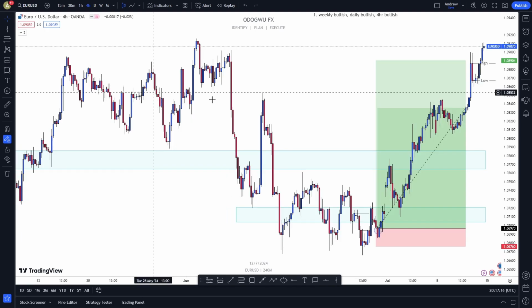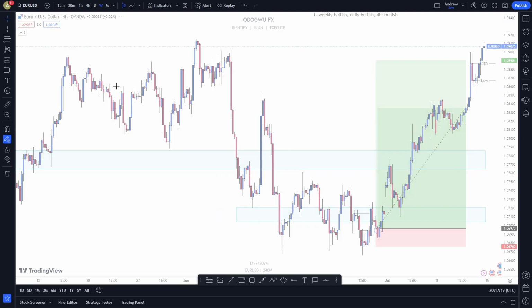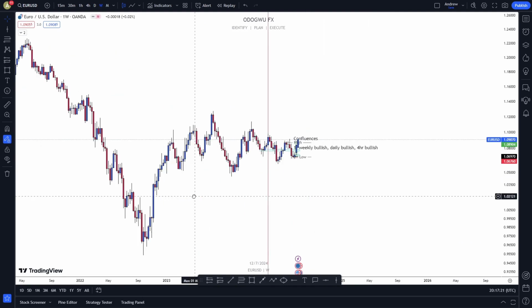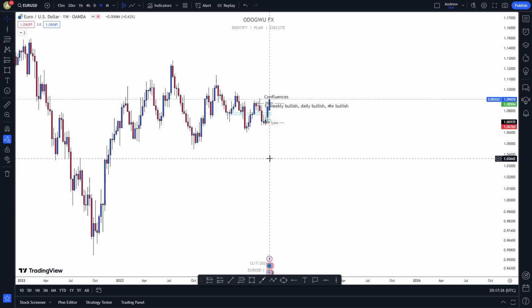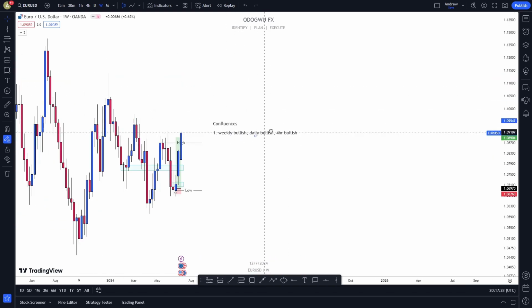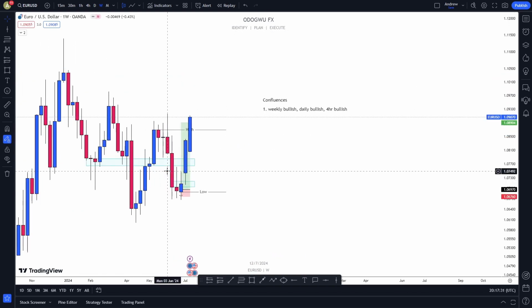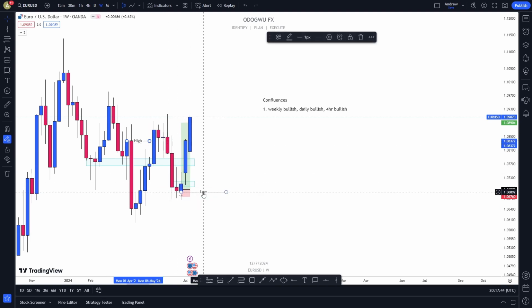So over here we have price. Let me delete this. Over here we have price at this level. Price just broke this. Let's move back a little bit. This was our high, and this was our low.